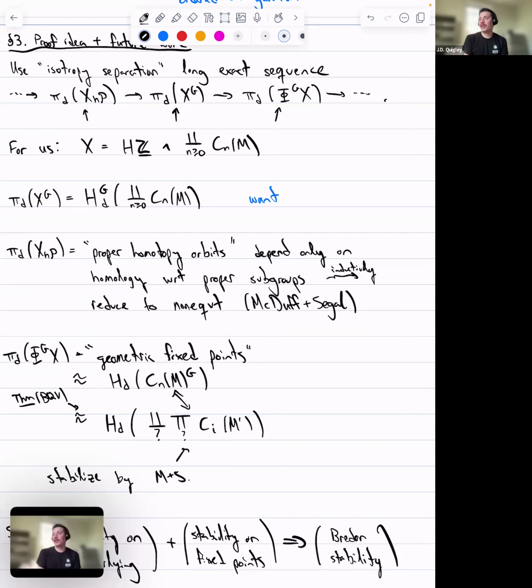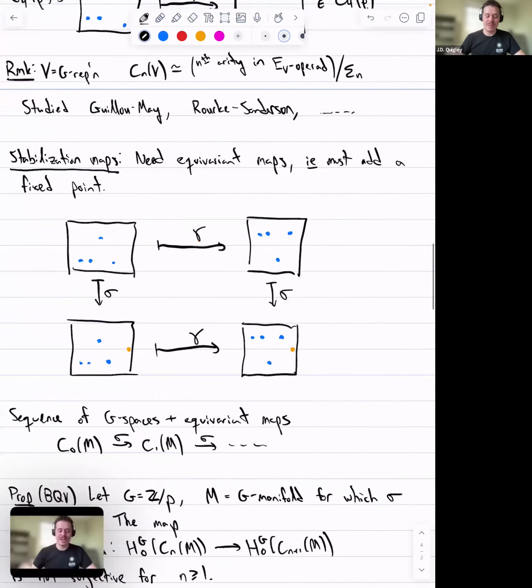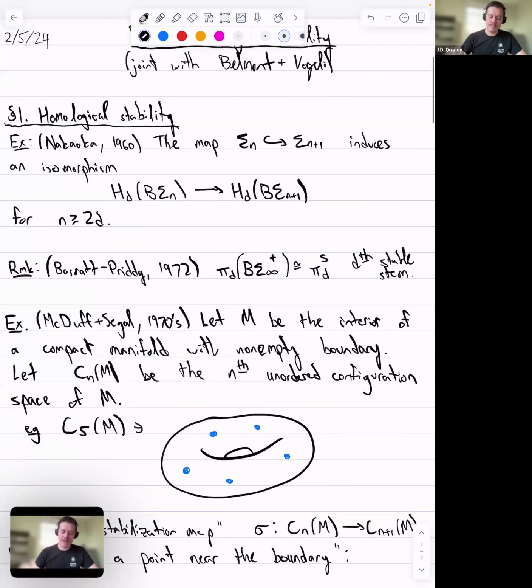Yeah, so very early on in this project, that was our main motivation, to understand the equivariant stable stems via some sort of equivariant homological stability statement. I guess what we learned by talking with Greenlees is that it's actually easier. Okay, so maybe I should say the main application we had in mind for this Barratt-Priddy equivalence was understanding Serre's finiteness theorem in the equivariant stable stems.